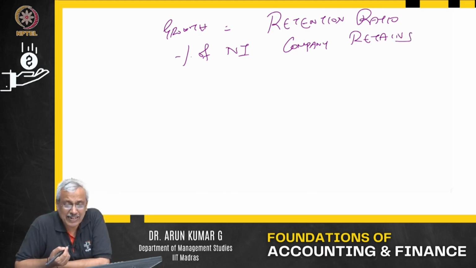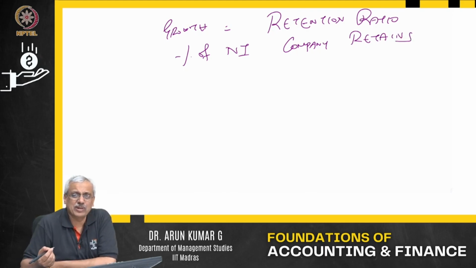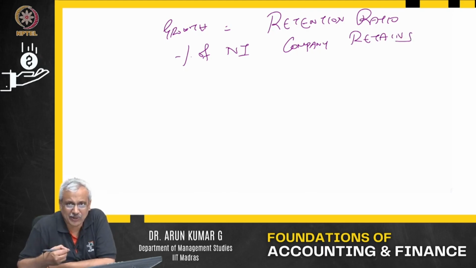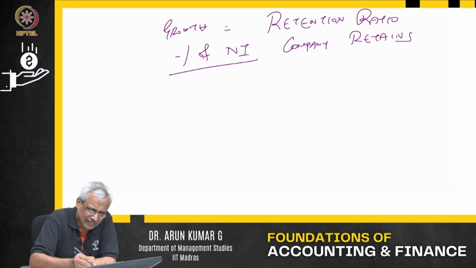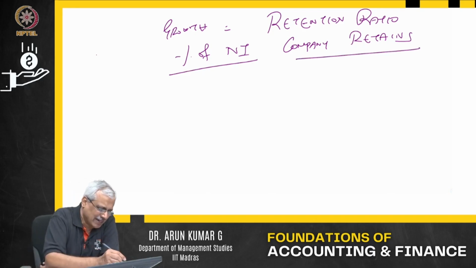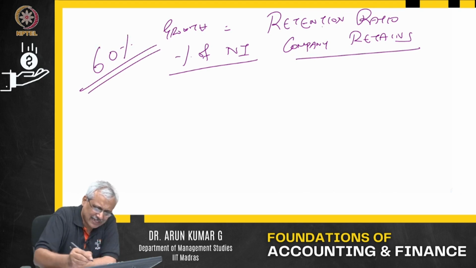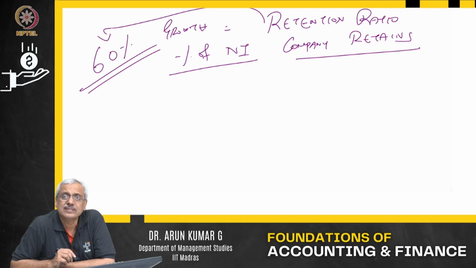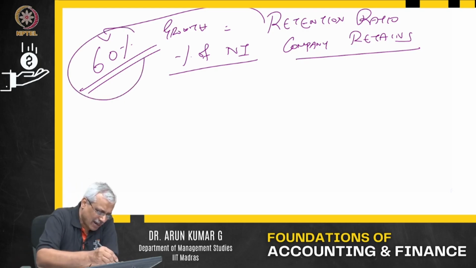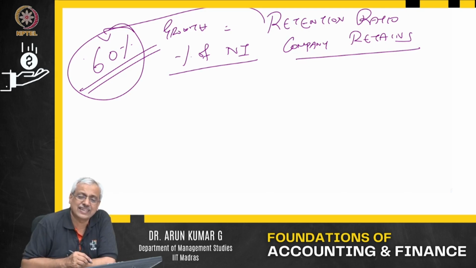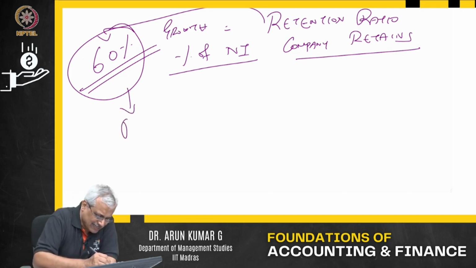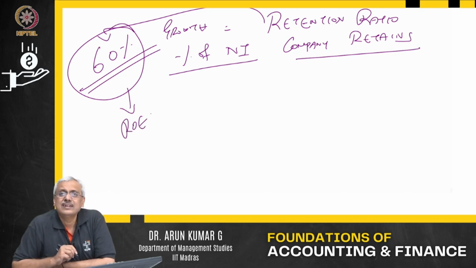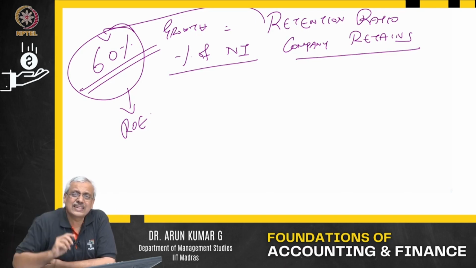Because you are not distributing the entire net income as dividend, you are going to distribute only part of the net income as dividend, and part of it you are going to retain. So what is the percentage of net income that is retained? For example, my company has a policy of retaining 60% of the net income. So my retention ratio will be 60%. Now, the belief is this 60% that I am retaining and reinvesting will also earn at the same rate at which my original capital earns.